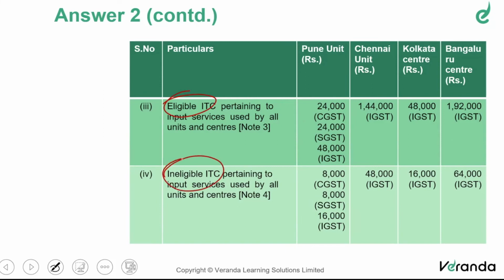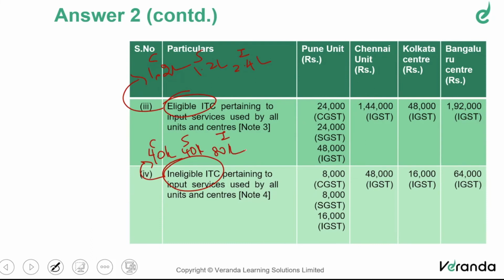I'll just put the numbers here so that we can all remember. It was CGST 1.2 lakhs, SGST 1.2 lakhs, and IGST 2.4 lakhs. This is eligible credit, whereas ineligible credit was 40, 40, and 80. Correct? Yes. Just keep these numbers in mind.